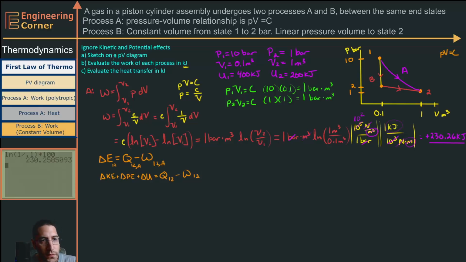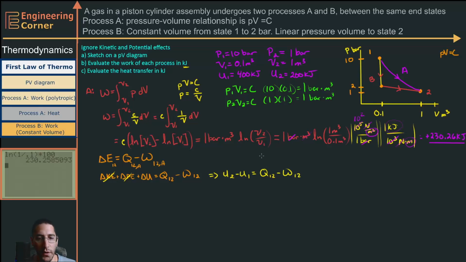Well, we were told right here that we could ignore potential and kinetic effects. So these go to 0. So all we have is some change in U. So this change in U is going to be U2 minus U1 is equal to Q1 to 2, which is what we're looking for, minus our work from 1 to 2.